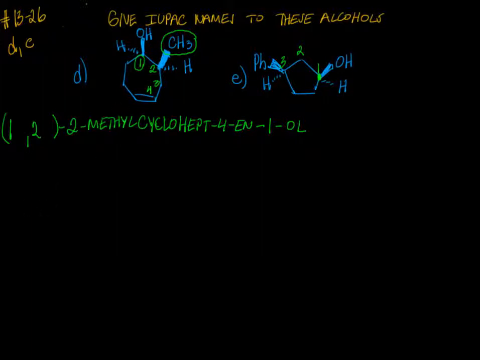So when you look at this molecule here, perhaps it's best if we draw a new diagram, since we have numbers already drawn on our molecule. Let's just take a look at the alcohol carbon, which is carbon 1.